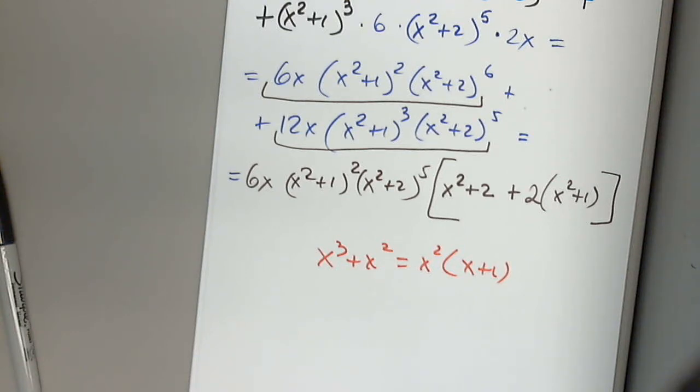Plus all this times this will give us 12x, (x squared plus 1) cubed, (x squared plus 2) to the 5th. So we factor out the common factor. From 3, we took out 2, so 1 is left. From 2, we took all of them out, so there's 1 left, just 1. Same idea, just that there's more to it because we have more factors. So they're not going away, they're just pulled in front.